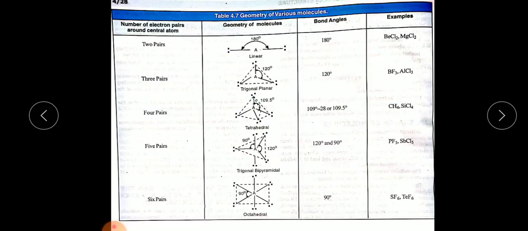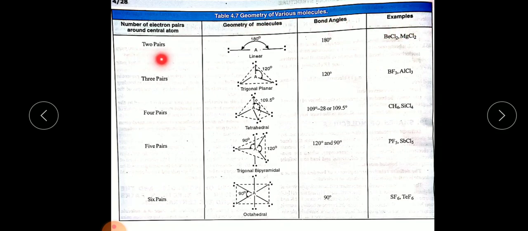Now, this is the table which shows that if the number of electron pairs around the central atom is a given number, what will be the geometry of the molecule, what will be the bond angle, and examples. So we have 4 columns: the number of electron pairs around the central atom, the geometry of molecules, bond angles, and examples.